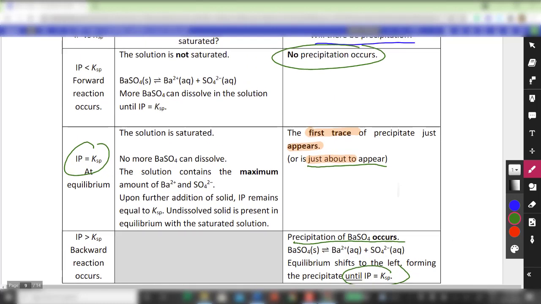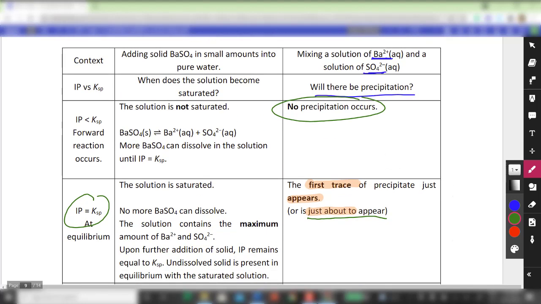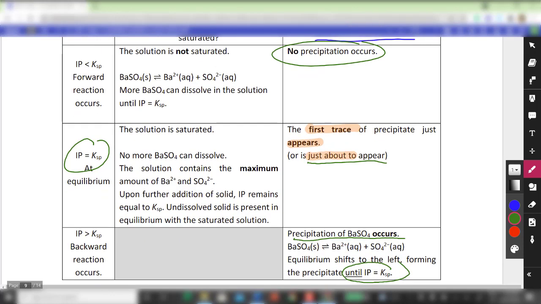If you are looking at adding barium sulfate into pure water, this is not very significant, but if you want to look at the concept of ionic product, the solution is not saturated because you can keep dissolving barium sulfate. But if the solution is already saturated, you are not expecting any more solid barium sulfate to dissolve.